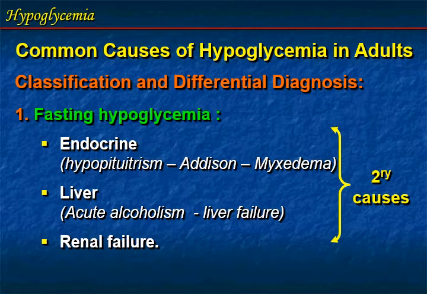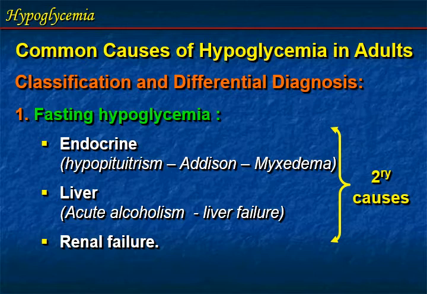Concerning fasting, or early morning before eating, hypoglycemia, there might be two causes. A secondary cause, such as hypoendocrine changes, and as we said previously, the main players in this endocrine group are the counter-regulatory hormones: either hypopituitarism, Addison, or myxedema, which represent diminished or absent growth hormone, cortisol, and thyroid hormone.